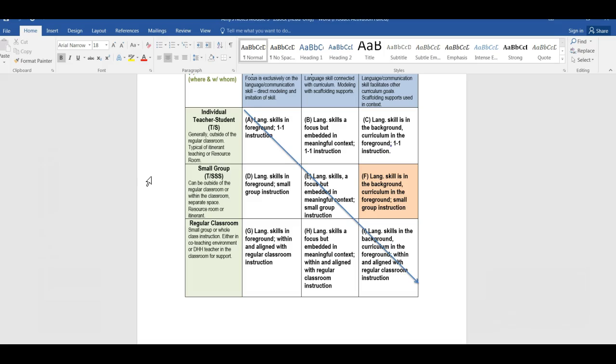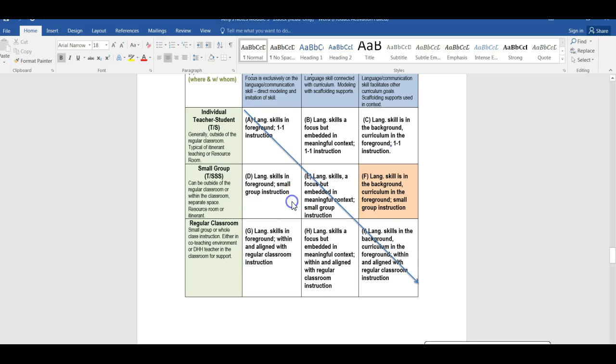Then the second step maybe is a small group of students. And then the third would be in the regular classroom. And so the matrix really is to help you think about how you might build towards the goal, and what the steps maybe are.